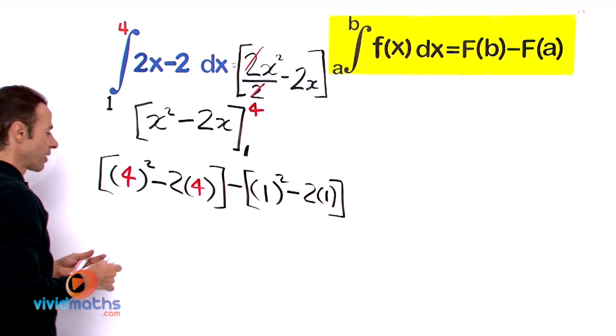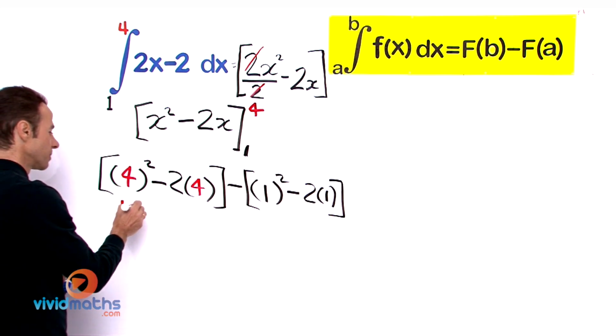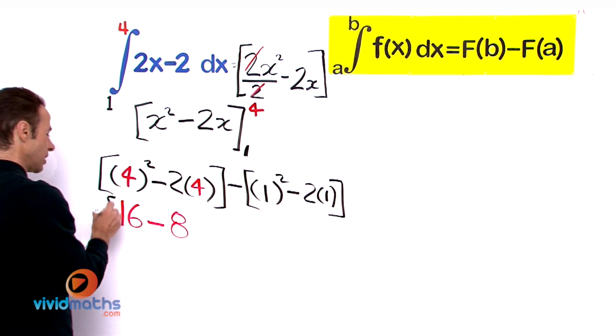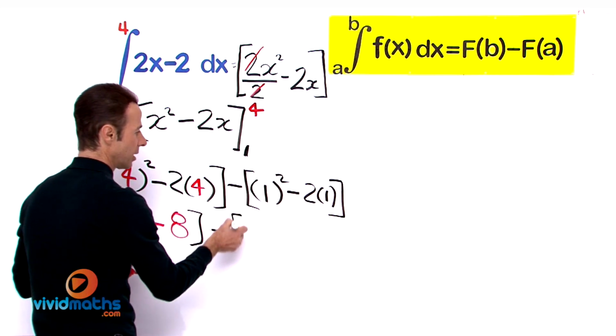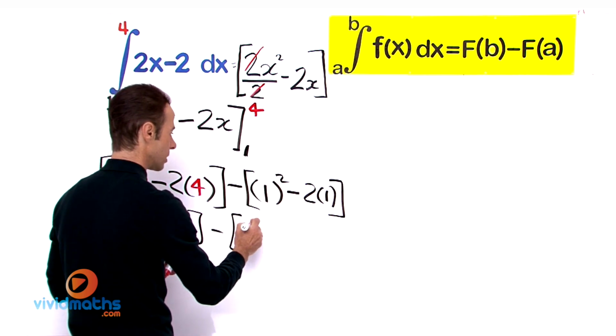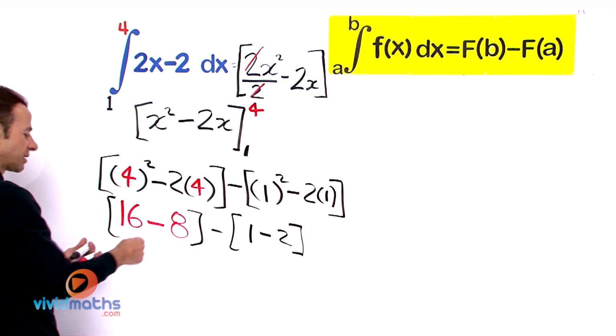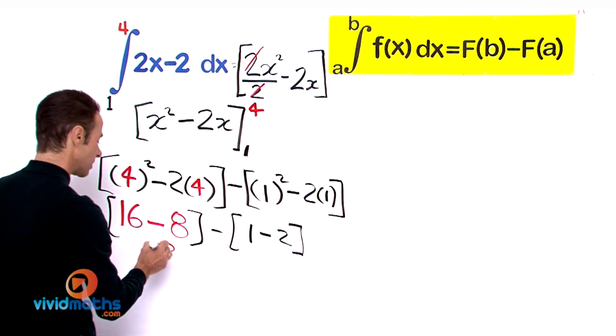So let's simplify this, guys. This will be 16 take away 8. Take away, let's see what we got in here, we got 1 take away 2. Can further simplify this. 16 take away 8, well, that's easy, that's 8.